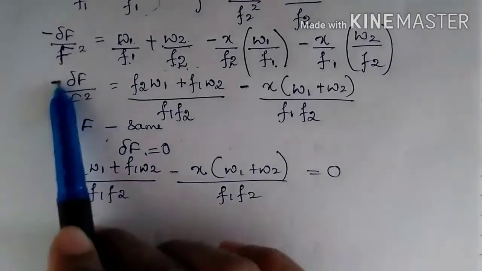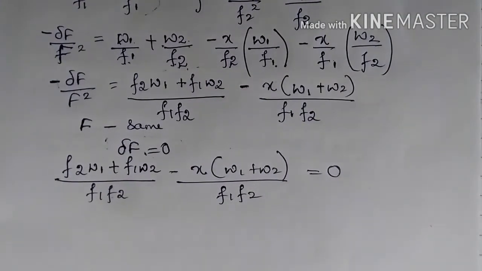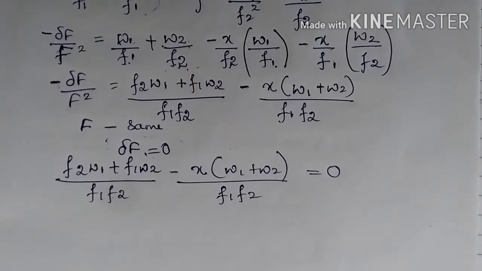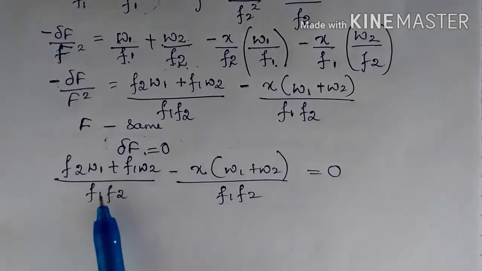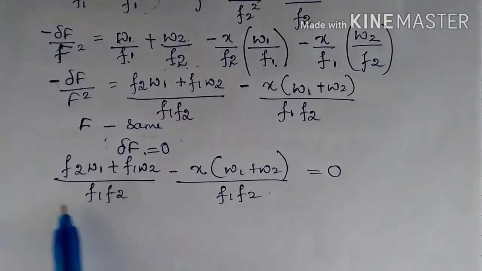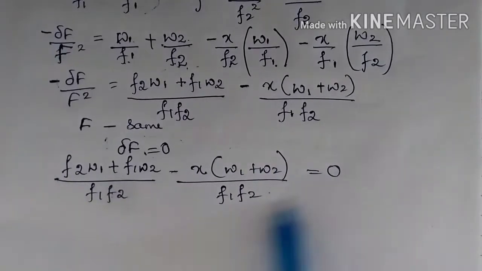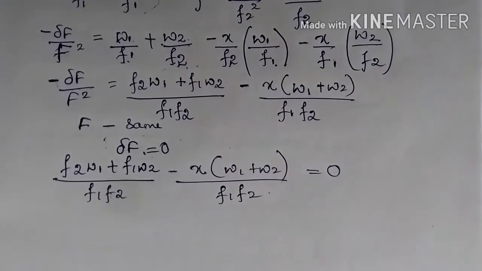So if you take this here, then you can write f2 omega 1 plus f1 omega 2 divided by f1 f2 minus x omega 1 plus omega 2. If you see here, f1 f2 is common. So if you take 1 by f1 f2 common from the two terms, and if you send 1 by f1 f2 to the right hand side, then that will be equal to 0.